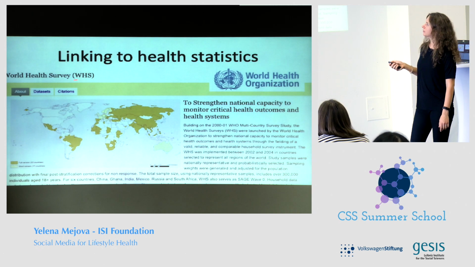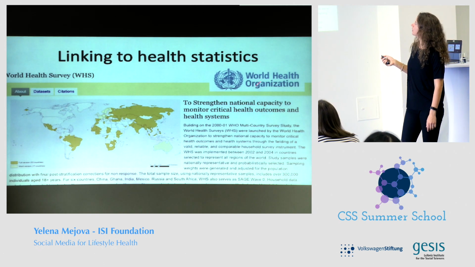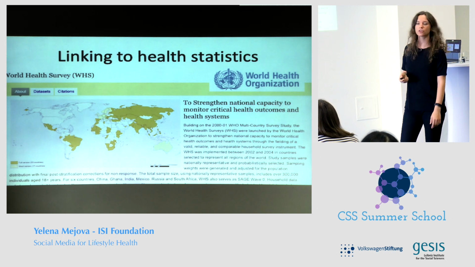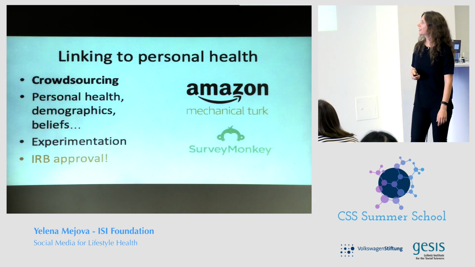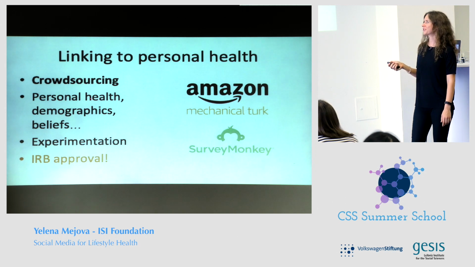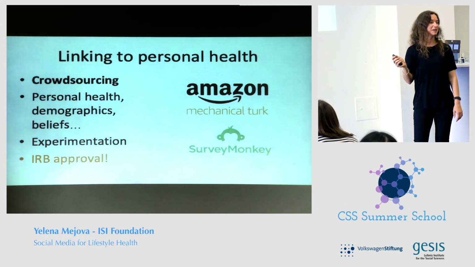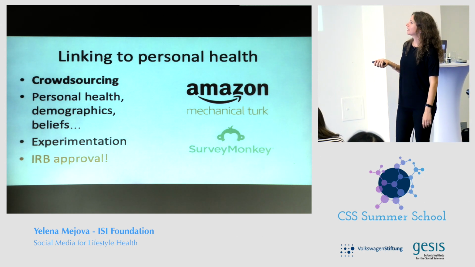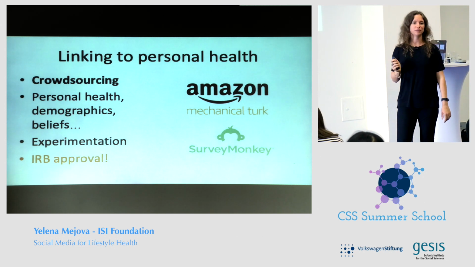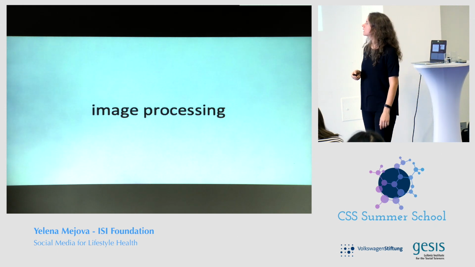There are surveys that are done by even bigger organizations that you could maybe use for your research. And of course, you can use crowdsourcing to actually ask people what their health is. But then you have to be real careful about what you're asking them.